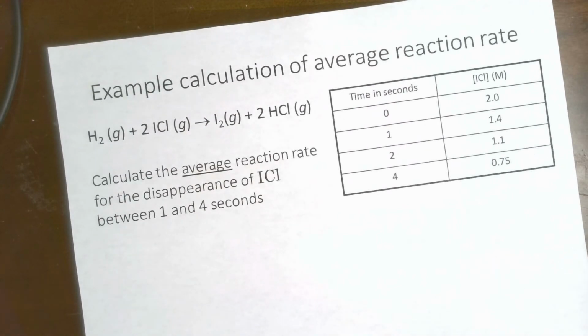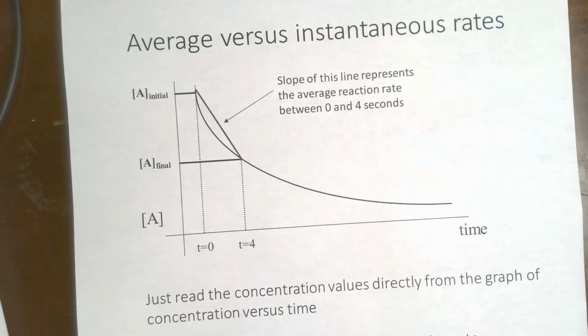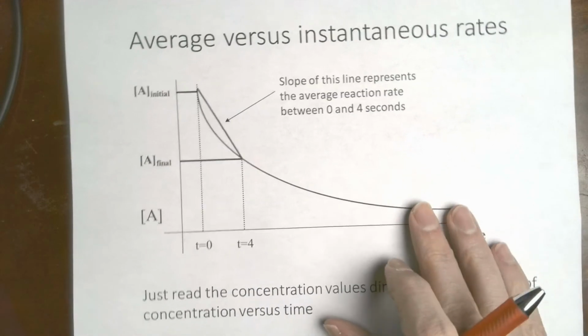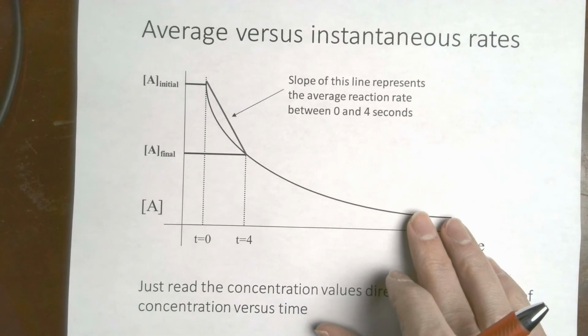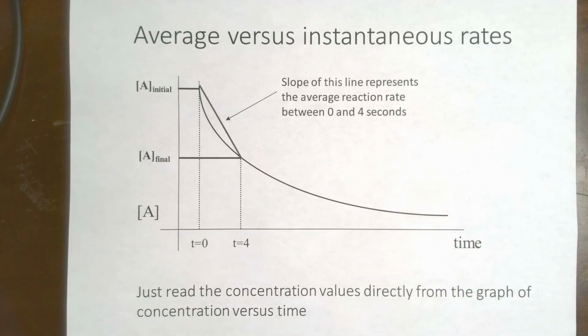All right, I'm sorry, I'm one step ahead. We were talking about the idea of average versus instantaneous reaction rate, where we said we could first find the average reaction rate.